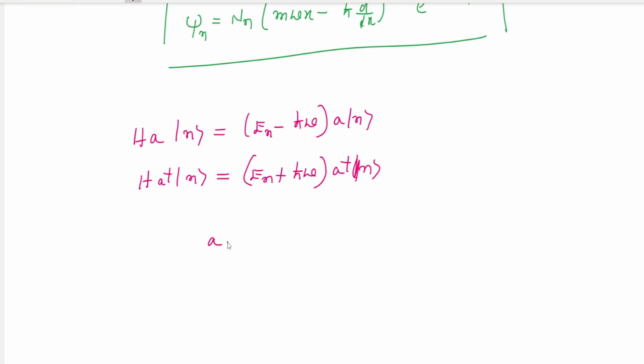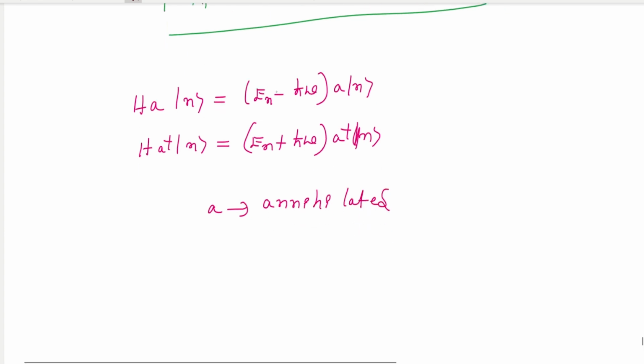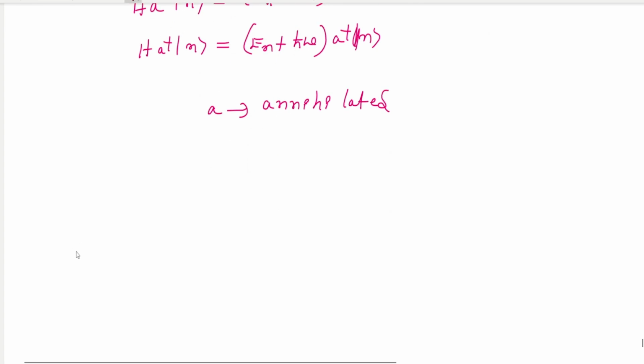So here A we can call the lowering operator or annihilation operator, A N N I H I L A T E, the annihilation operator. Or we can call this one the destruction or destroy operator.